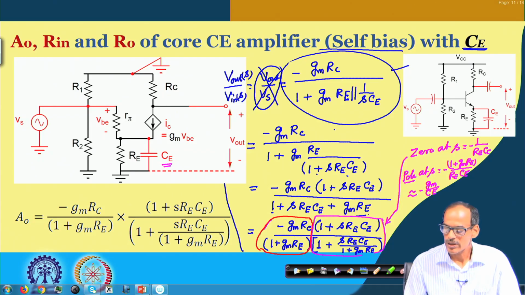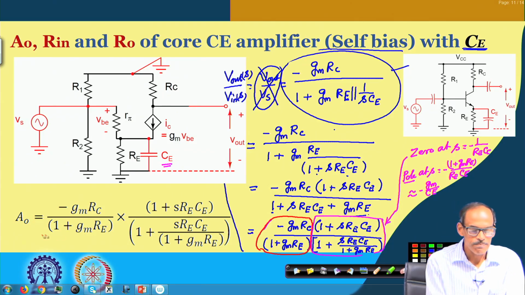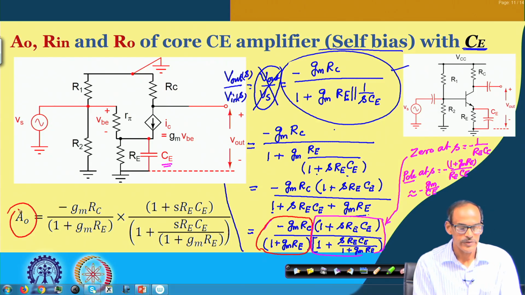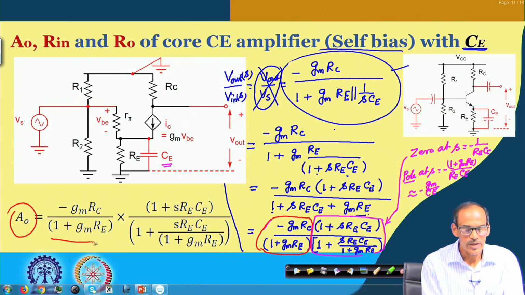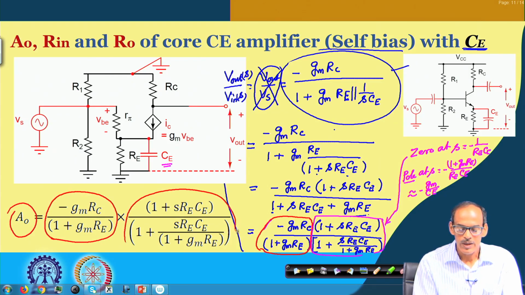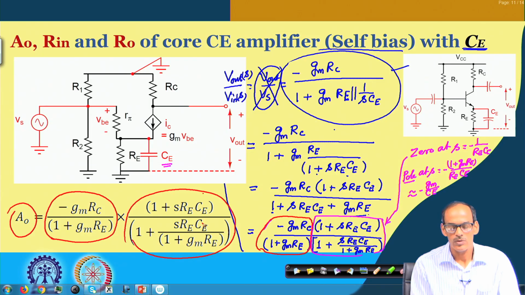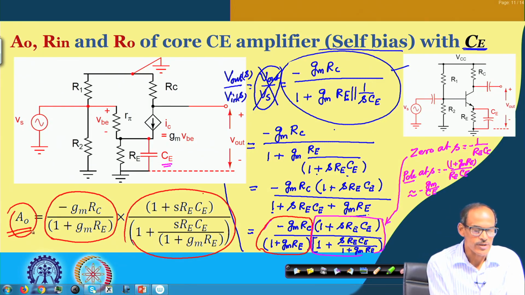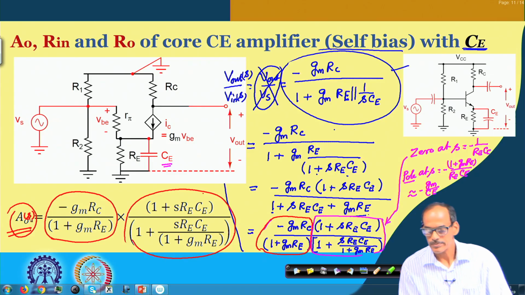What we would like to say here is that the expression of the voltage gain is not only this part, rather it has a frequency dependent part. Since it has a pole and a 0, I think it is better to go a little deeper into the frequency response of this A naught itself. Instead of calling it A naught, I should say A naught of S, which is a function of frequency.